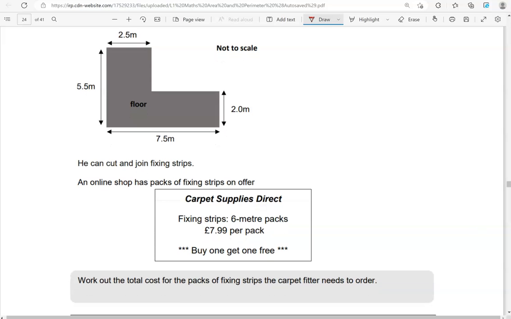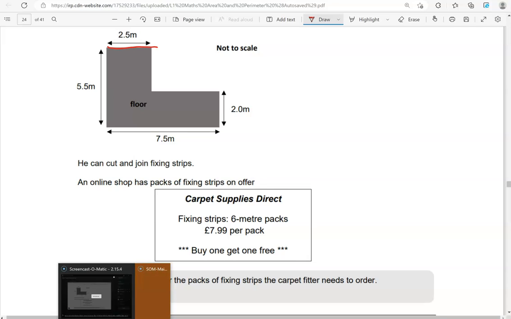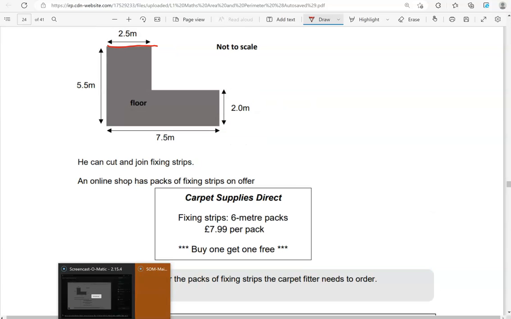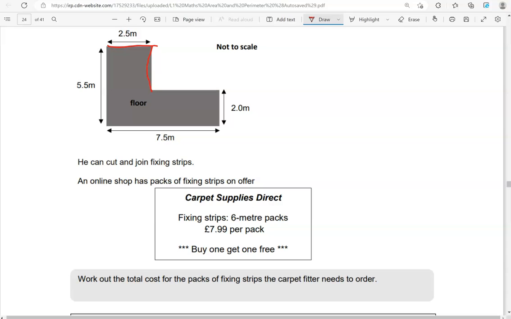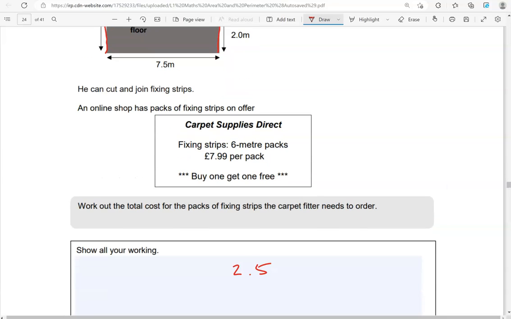So I'm going to go around, got 2.5, then this length here, which we don't know at the moment, but we can work out by doing 5.5 take away 2.0, which is practically 5.5 take away 2, and that is 3.5 meters.